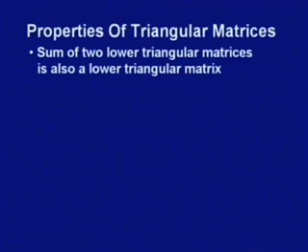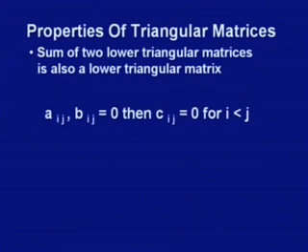I can prove this by the simple fact that Aij and Bij are 0 if they are on the lower side, that means i is less than j. Then, since Aij and Bij are 0 for a lower triangular matrix whenever i is less than j, so will be Cij, and that proves that the sum matrix will also be a lower triangular matrix. A similar result is obtained for the upper triangular matrix, and that can be proved along the same lines: the sum of two upper triangular matrices is also an upper triangular matrix.